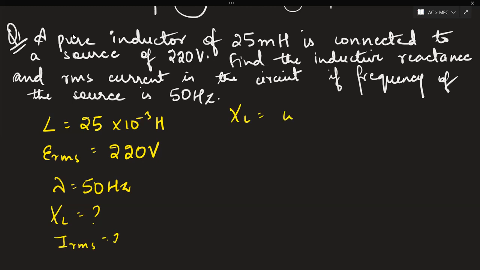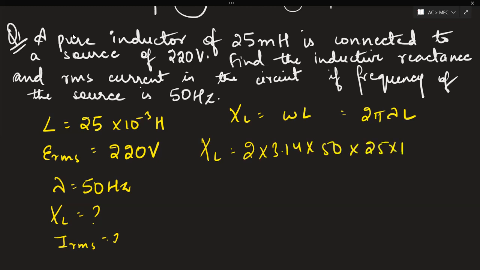XL is equal to omega L. Omega is equal to 2 pi nu. So XL will be equal to 2 into 3.14 into 50 into 25 into 10 to the power minus 3. So this will be equal to 7.85 ohms.